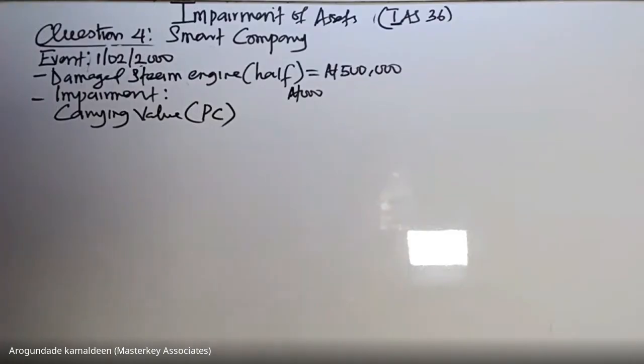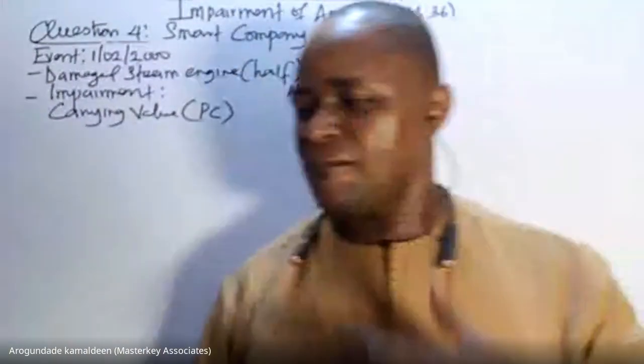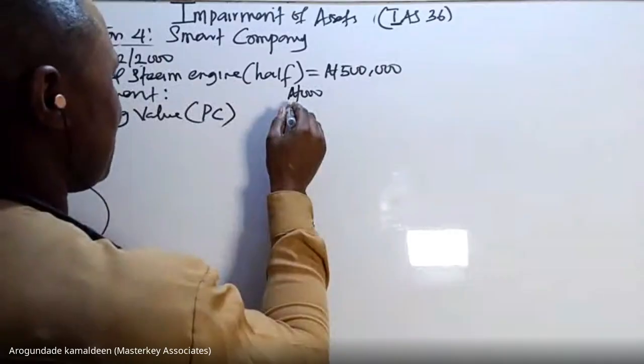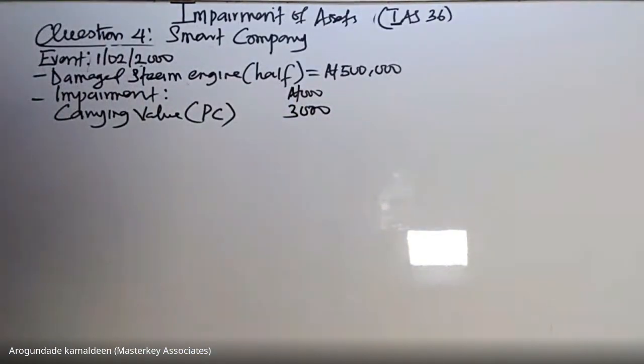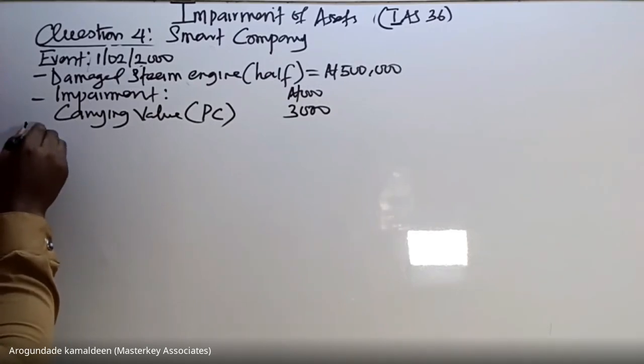The carrying value is the total value of all the assets, the amount you paid initially to acquire this. After this incident, class, the thing was revalued, with a value in use of 2 million. That is the recoverable value.